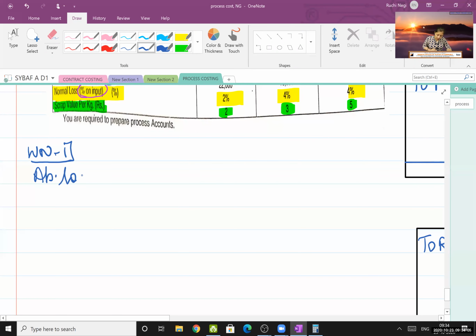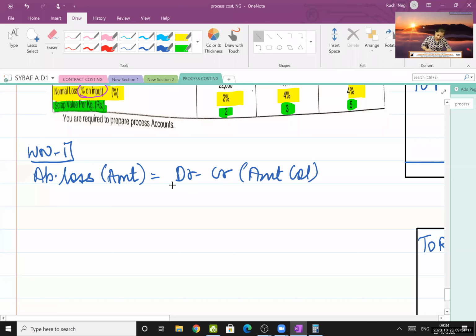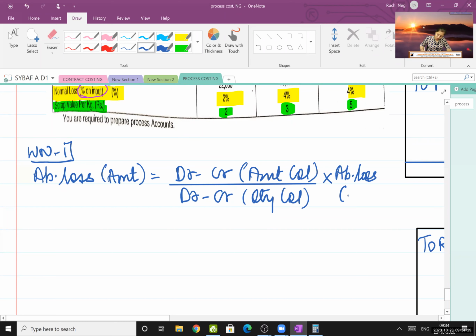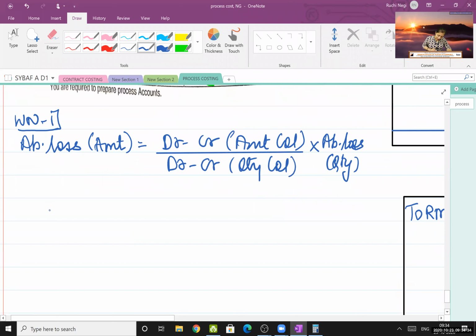Calculating abnormal loss in rupees or amount is equal to debit minus credit of the amount column divided by debit minus credit of the quantity column multiplied with abnormal loss in quantity. Okay, make this formula and then we'll total the debit and the credit side.